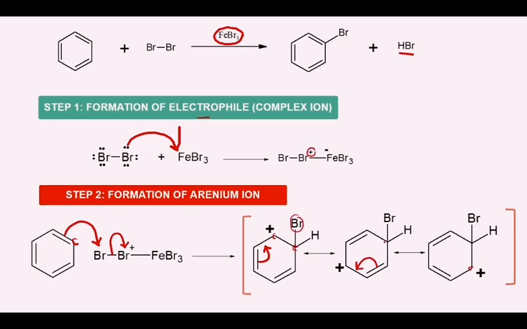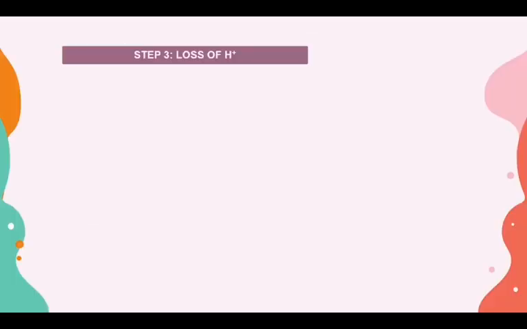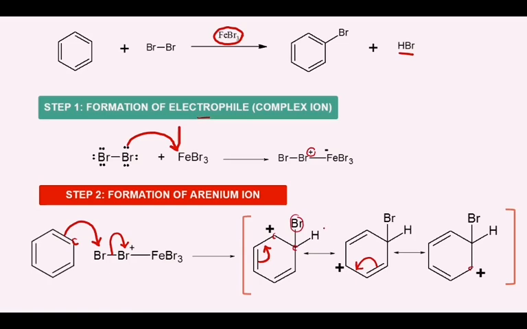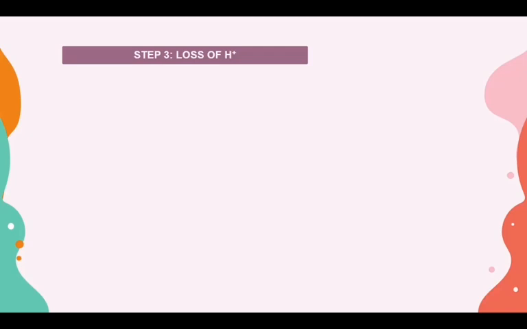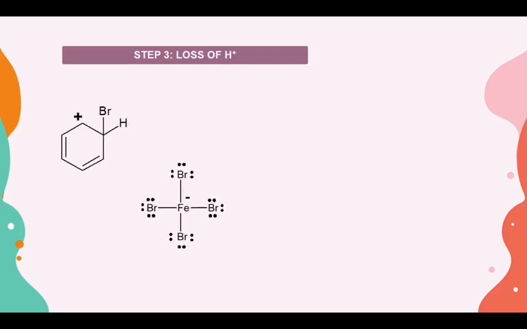Okay, now we go to step 3, loss of H+. You choose one of the arenium ions. Let's say I take this structure, and I will draw it back in step 3. In step 3, the FeBr4 minus that formed from the previous step is involved.